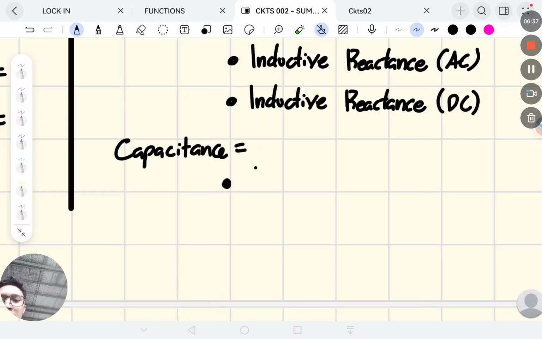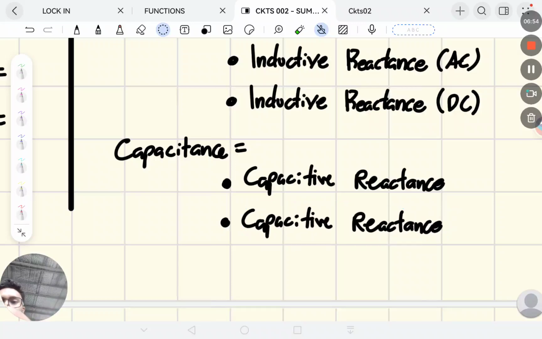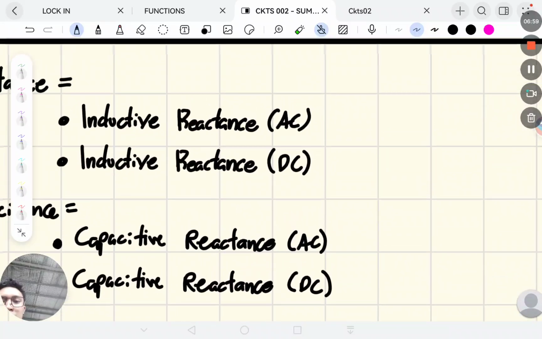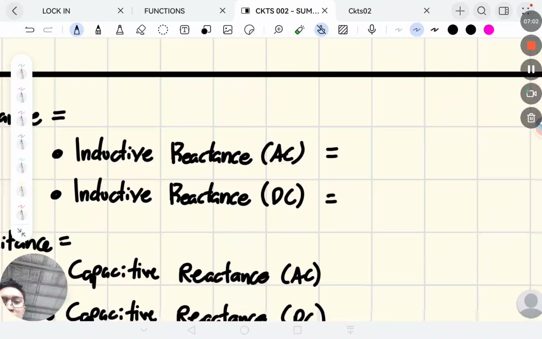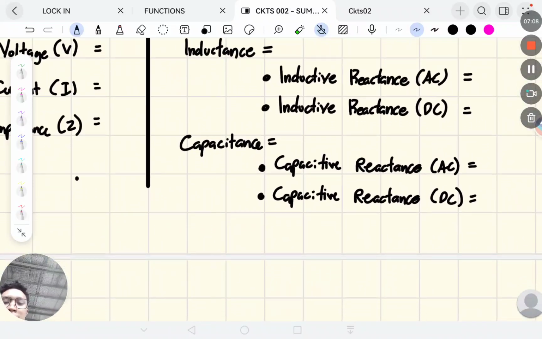Dalawa rin yan, same thing. Capacitive reactance for both AC and DC. And last but not the least, net reactance or total reactance.